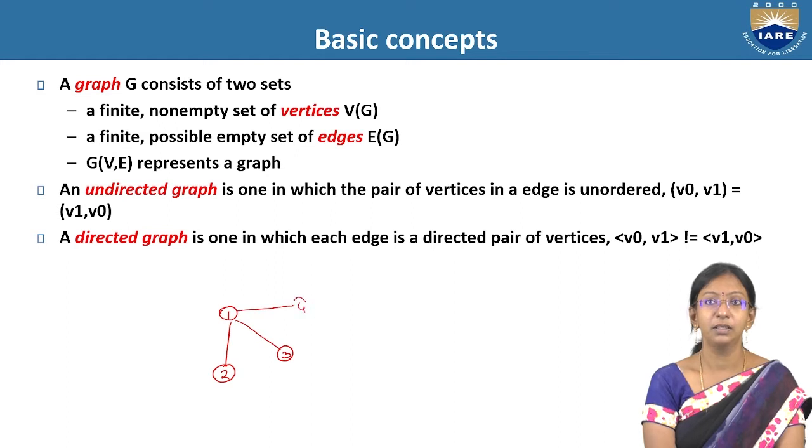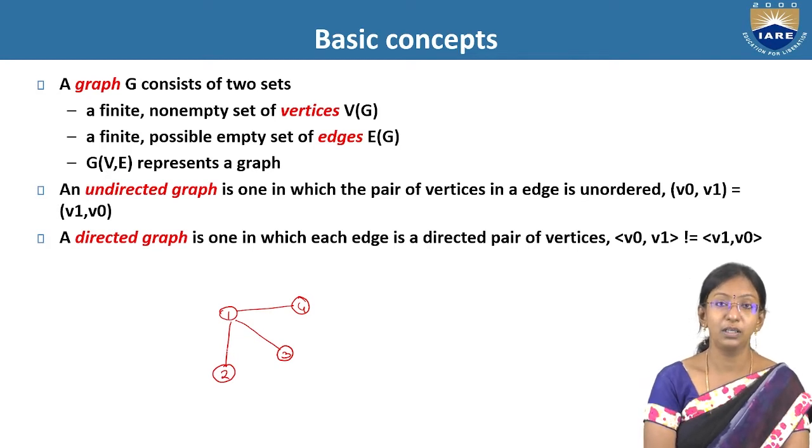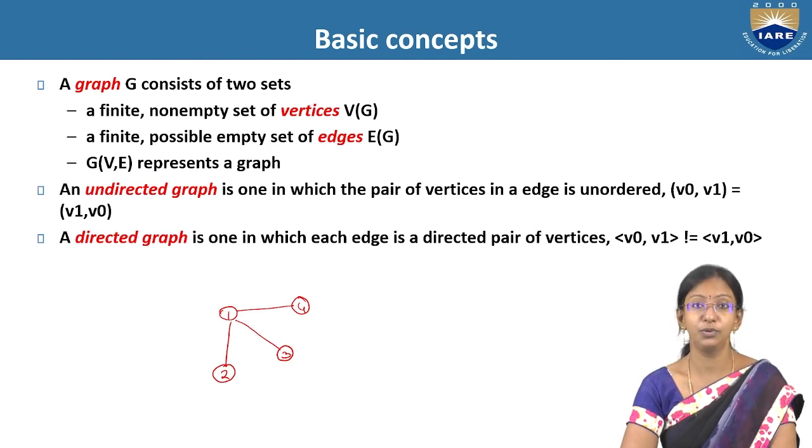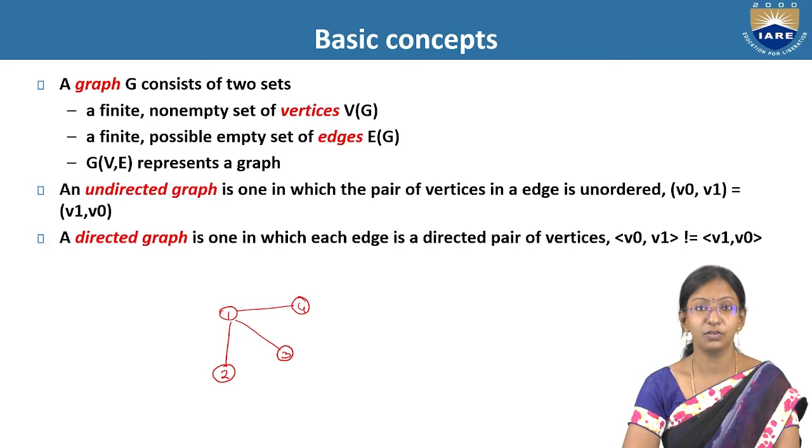Something like this is nothing but a non-linear data structure. So we can even see that it is a cardinality 1 to n, n to n. Anything which is related to more number of data elements is nothing but a non-linear data structure.